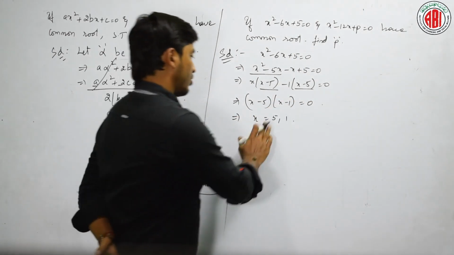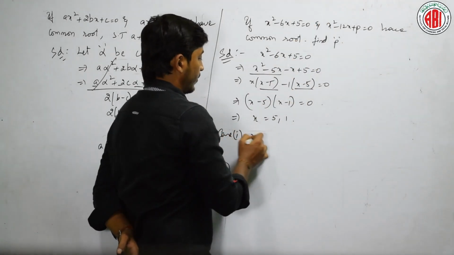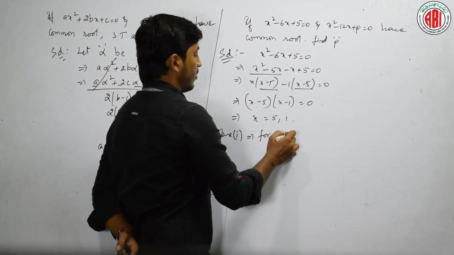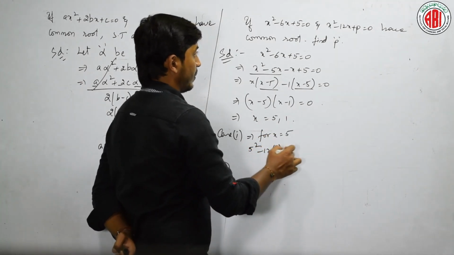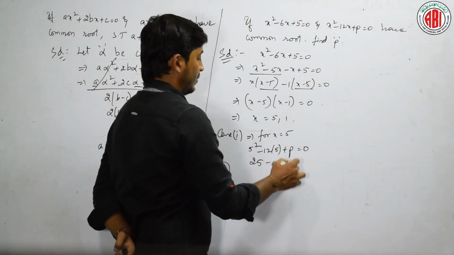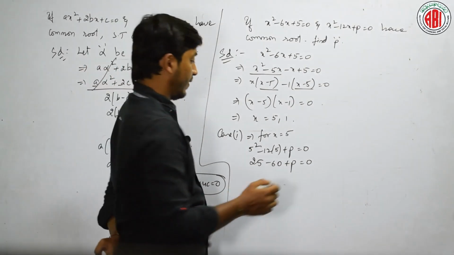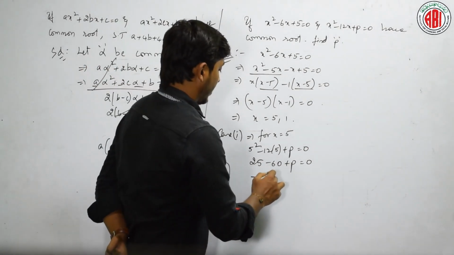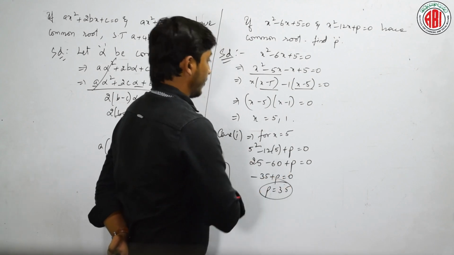So, we will substitute both 5 and 1 here. Case 1, x is equal to 5. 5 square minus 12 into 5 plus p is equal to 0, that is 25 minus 60 plus p equal to 0. What is 25 minus 60? Minus 35. Minus 35 plus p equal to 0, p equal to 35.